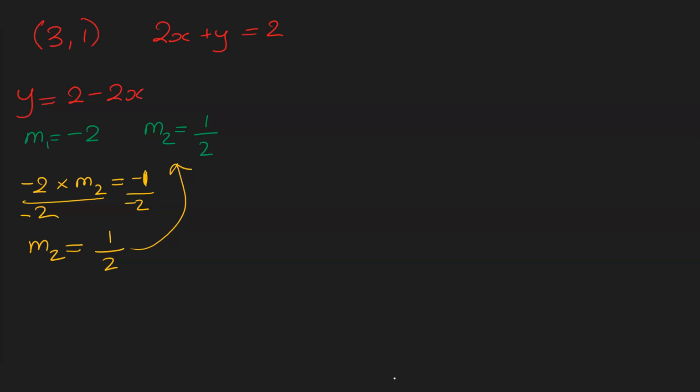Now I'll go to my general straight line equation, y minus y1 equals m bracket x minus x1. I'll use this equation because I've got a coordinate point and I have the gradient. Now I substitute in the values of y1, m, and x1. So y minus 1 equals 1/2 times (x minus 3).